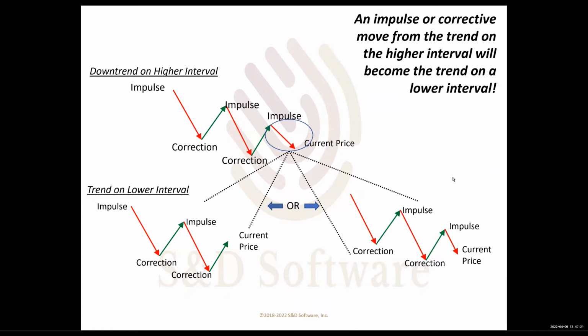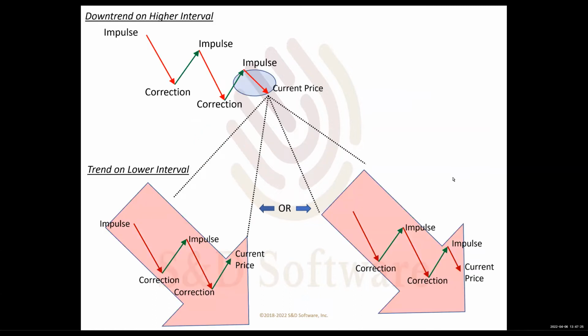Now, another way to draw this that may help make it clearer is if we do it like this. So again, we have our favorite downtrend, thanks to the miracle of cut and paste. And again, we're looking at the last move, which we're assuming to be an impulse move here. And this impulse move is represented by the big arrow.